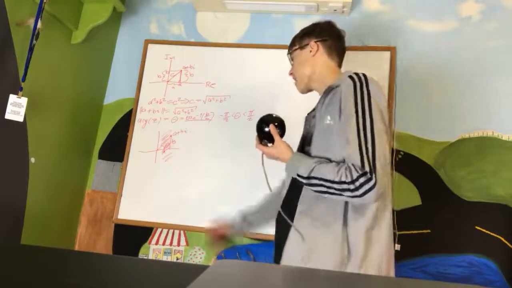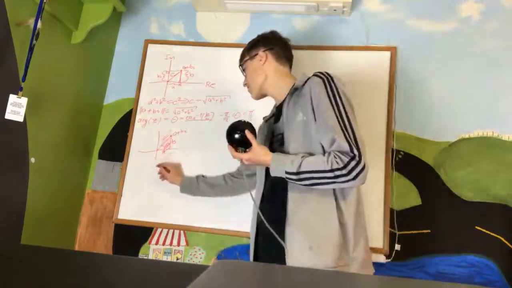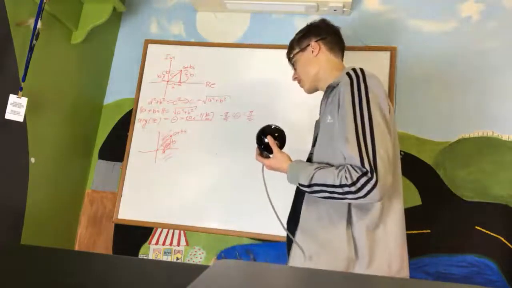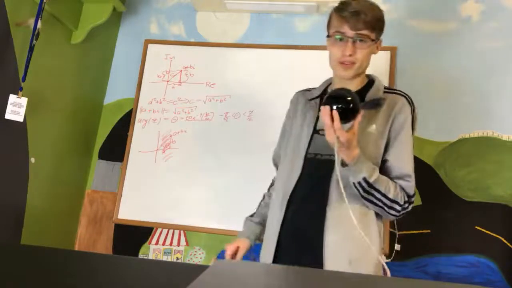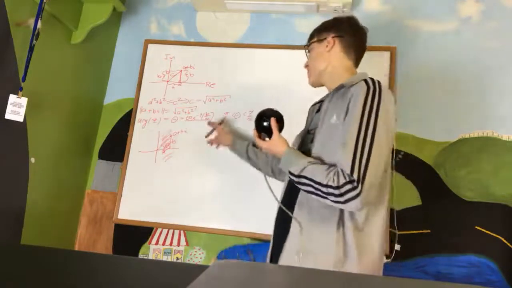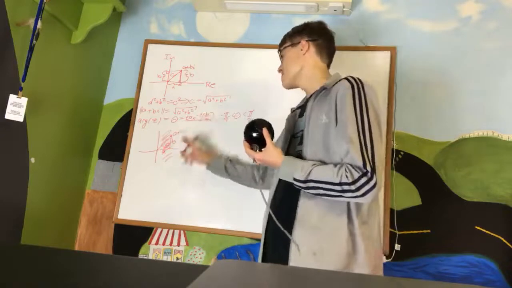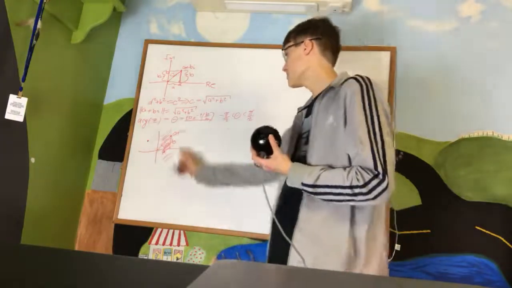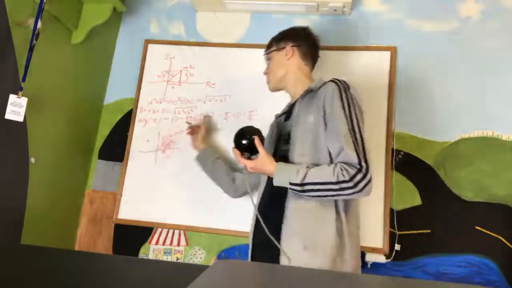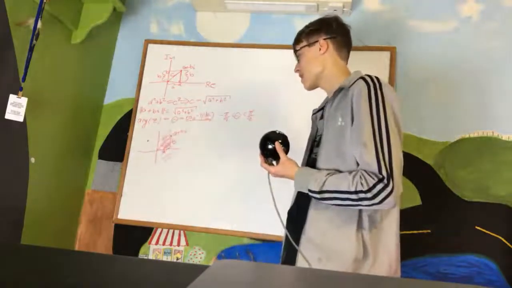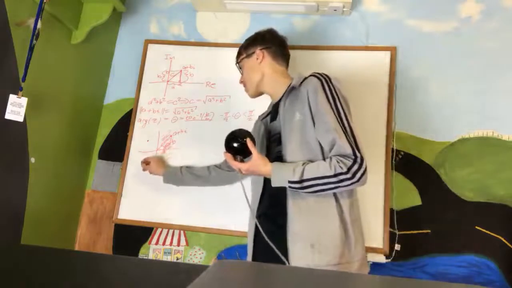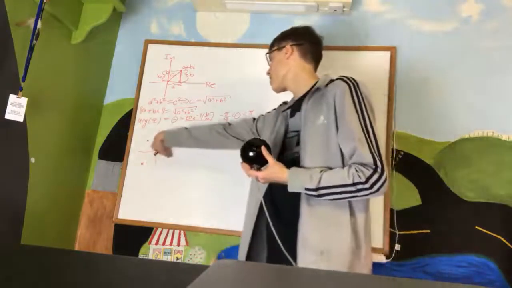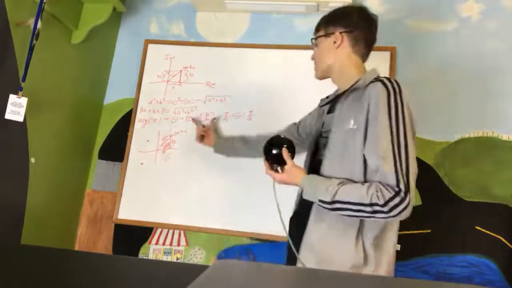So if a is positive and b is negative, so it's in this quadrant, you have to add pi over 2 to tangent inverse of b over a. And if the point is in this quadrant, you have to subtract pi over 2 from this value.